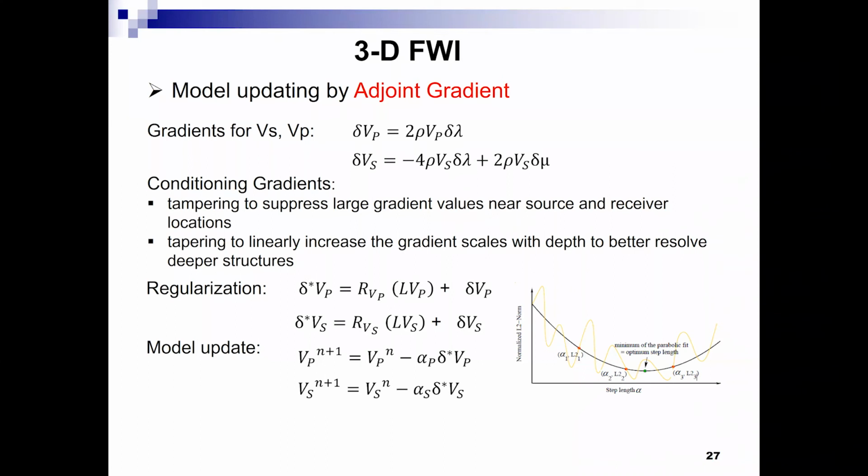Tapering linearly increases the gradient scale with depth to better resolve deeper structure. Then we do regularization to control the roughness of the model. VS and VP at iteration n+1 are updated from the previous iteration, and alpha P and alpha S here are the optimal step lengths determined by parabola fitting.